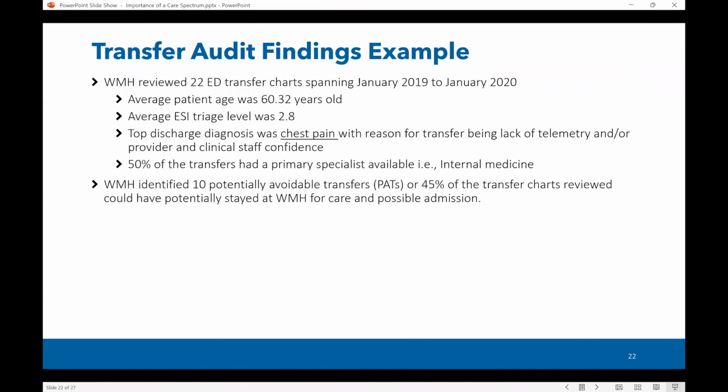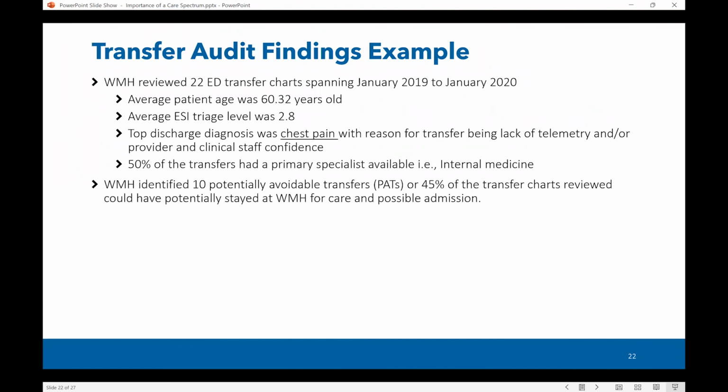This is just an example of one of the hospitals, and this hospital is in Pennsylvania. They reviewed some ED charts from January 2019 to January 2020. The information there: the average patient age, ESI level, and their top discharge diagnosis was chest pain.